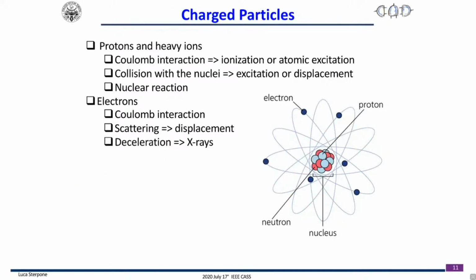Well, these effects can be generated by particles. The particles are considered here as protons and heavy ions. As I said before, most of the particles are of these two categories. So when we talk about electronics in general, FPGA now in space, we look at protons and heavy ions. There is an interaction of these particles with the material of the device. We also have electrons to be considered in the radiation, but mainly we have to consider protons and heavy ions that will create a nuclear reaction inside of our device.